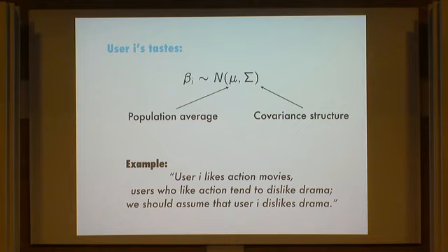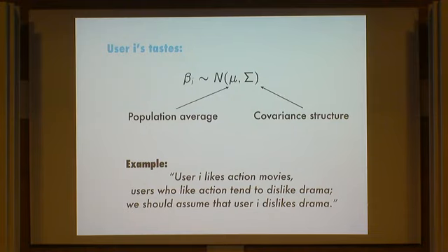So user I likes action movies. So this user has watched a lot of action movies in the past, and our estimate for the action component of beta I is large and positive. Let's say this user has never watched any drama movies in the past, so we don't have any information about their coefficient for drama. But if we happen to know that action and drama are negatively correlated, so this sigma here encodes a negative correlation between the action coefficient and the drama coefficient, then learning that the user has a large action coefficient tends to suggest that the user has a negative or small drama coefficient.